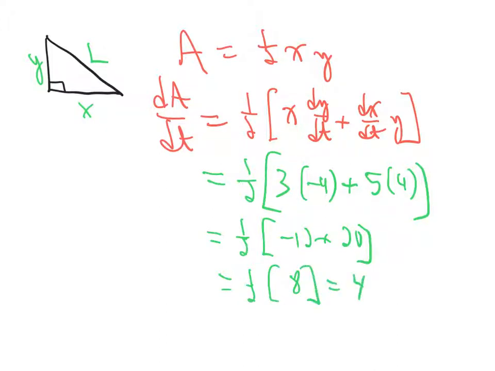So we get that dA/dt at that moment is 4 centimeters squared per minute. Since dA/dt is positive, A is increasing at the moment of interest.